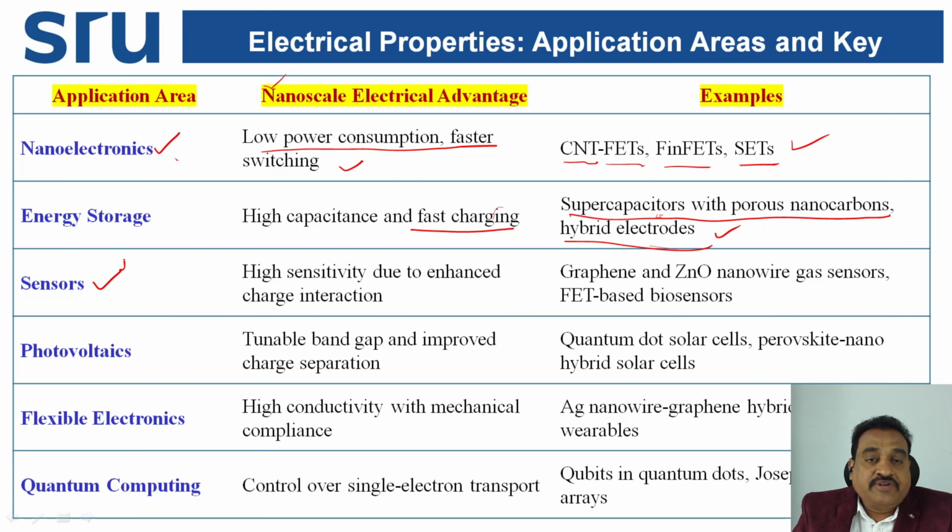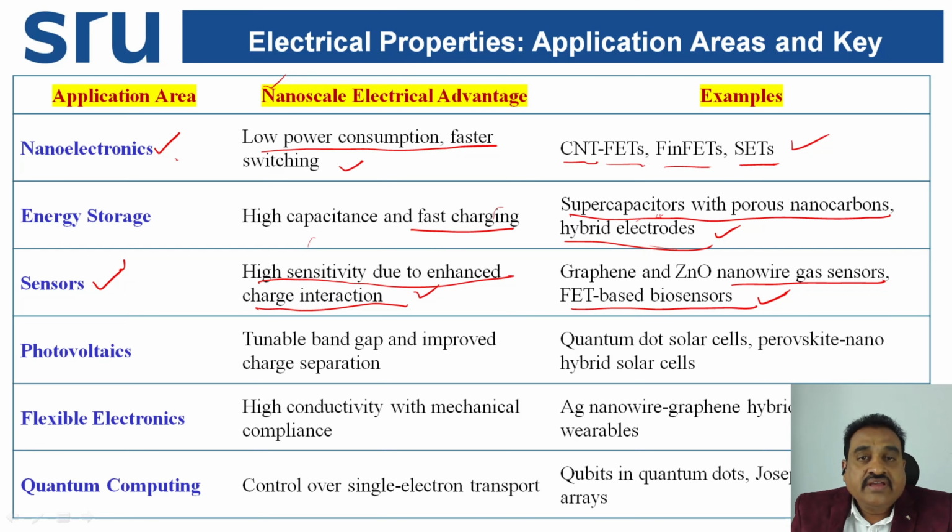Sensors: the advantage is high sensitivity due to enhanced charge interaction. Graphene and zinc oxide nanowires, gas sensors, and FET-based biosensors are examples of sensors.